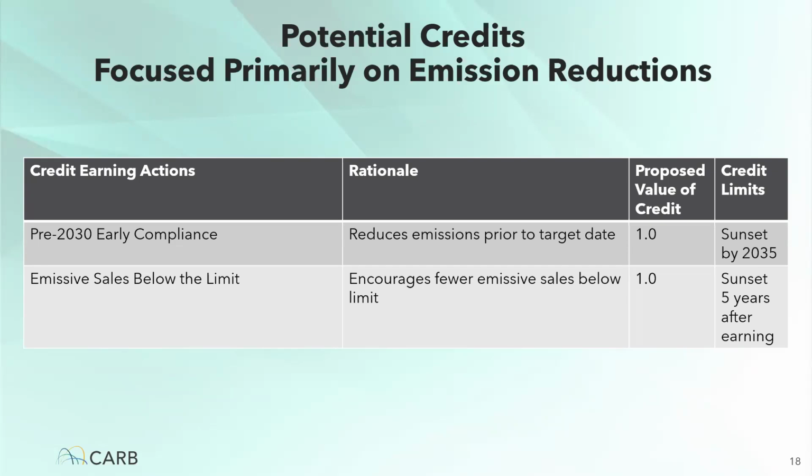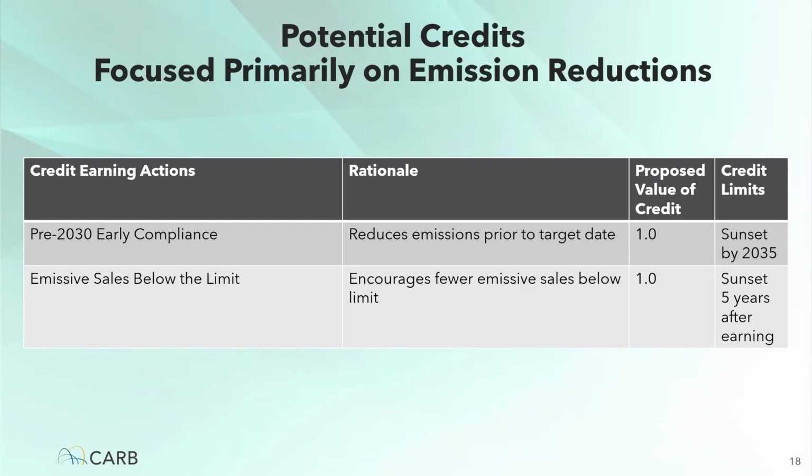The first type of credit earning actions are focused on emission reductions. We want manufacturers to actively work towards reducing emissions, so we are considering offering credits for the following two actions. First is early compliance. Manufacturers that meet their 2030 emissive limits ahead of schedule by submitting compliance reports for 2028 and 2029 can earn credits.